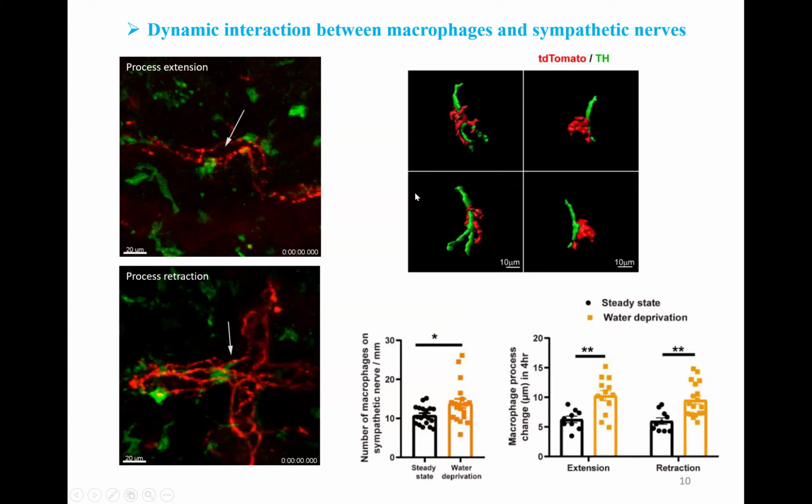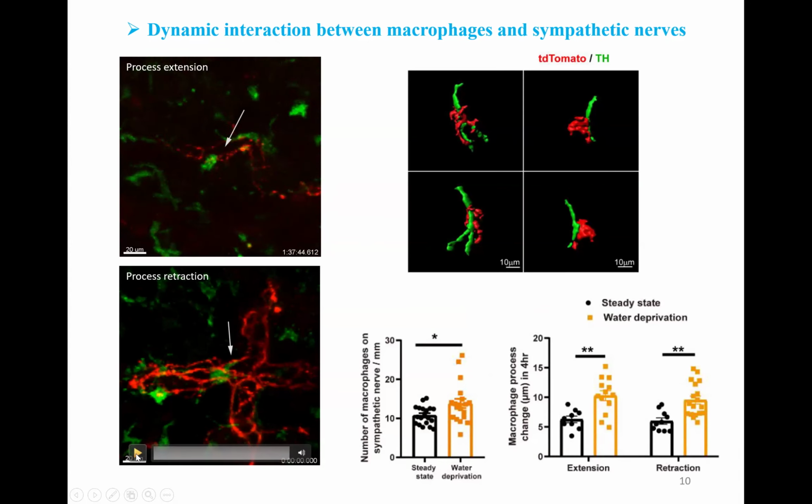When we made kidney live slices and observed their interplay for 2.5 hours, we noticed that the macrophage will extend and retract the processes along the nerve fibers. This is the extend, and this is the retract.